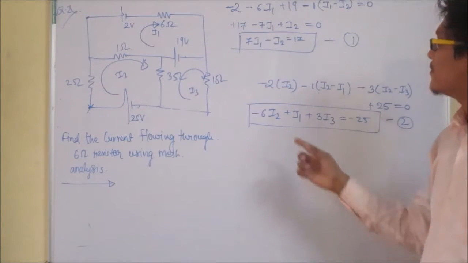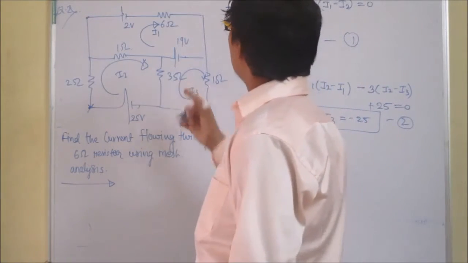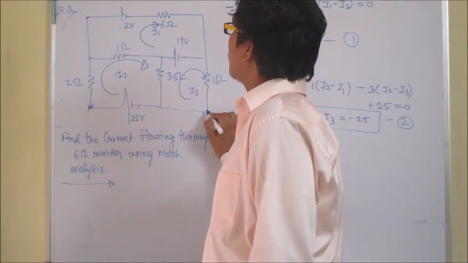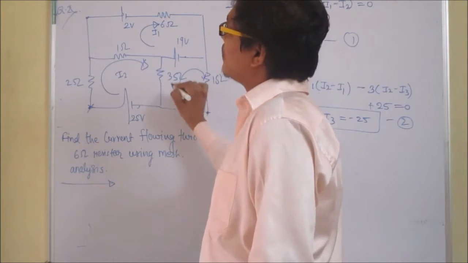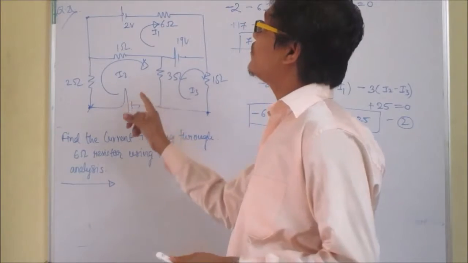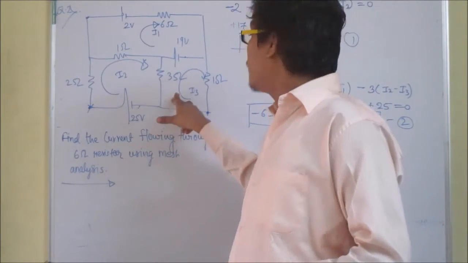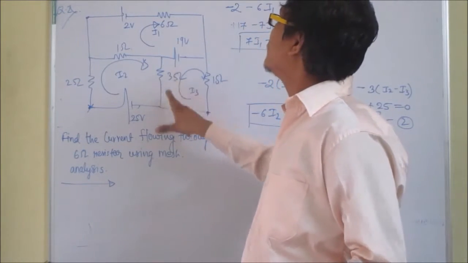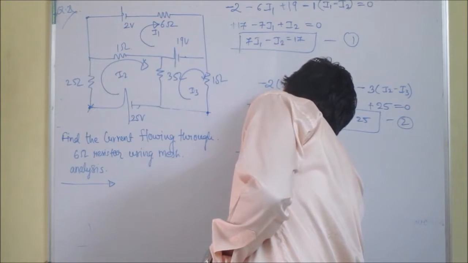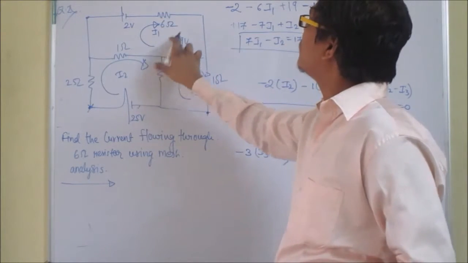Now after that, writing KVL in loop 3. While writing KVL in loop 3, we are going from here. I will just consider this point, moving clockwise. I am going through the resistor of 3 ohm. Now the difference of I1 and I3 and I2 is flowing, but now I am applying KVL in loop 3. Therefore, I3 is the greatest of all. So here the difference will be I3 minus I2, and there is a drop, 3 into I3 minus I2, and I am going from positive to negative again.